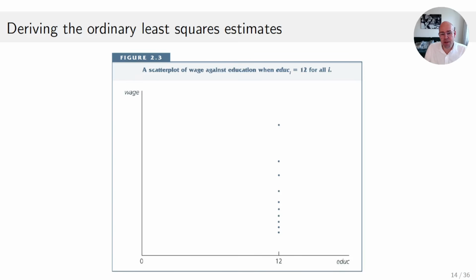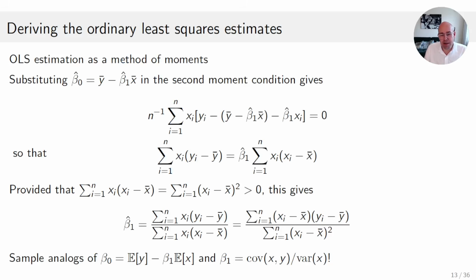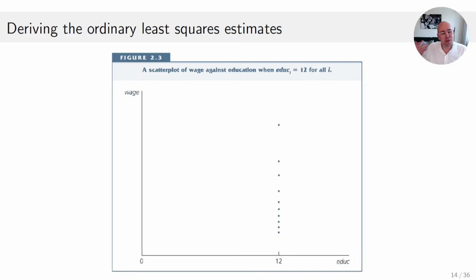Let's briefly talk about this condition. Let me go back here. In order to divide by this sum, we needed that the variance of x is greater than 0. Let's think for the moment of the case where the variance of x is not greater than 0. It basically gives us a plot like this one. If you would have a scatter plot of the wage against education, and the sample variance of education, which would be my x, is 0, it means there is no variation in education in my sample.